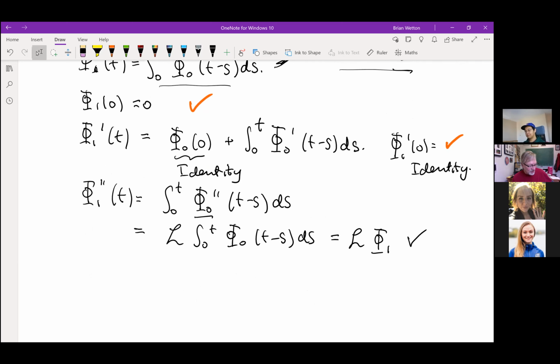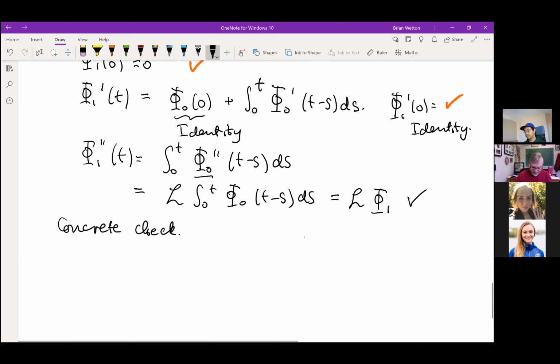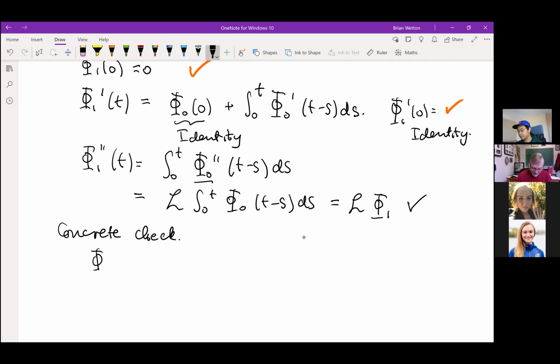And just in case you need the concrete example, we've worked out phi 1 and phi 0 for the wave equation. So let's check that phi 1 of t is really the integral of phi naught of t minus s ds for the wave equation.